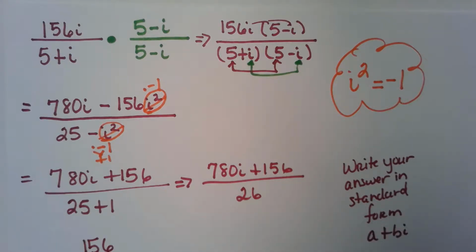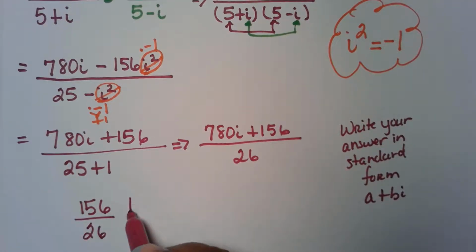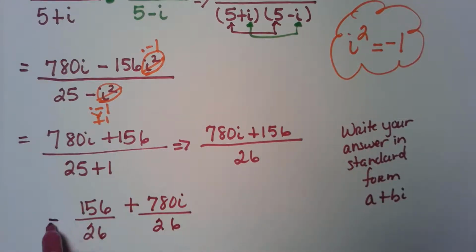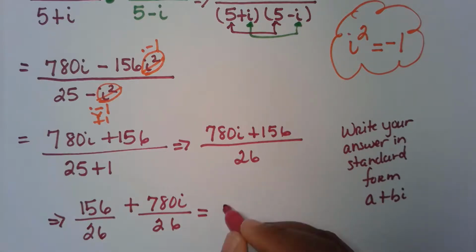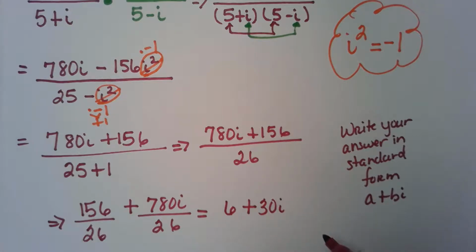We have 156 over 26 plus 780i over 26. And then let's reduce. So 156 divided by 26, that is 6 plus, and then we have 780i divided by 26, and that will give us 30i. And there we go. 6 plus 30i.